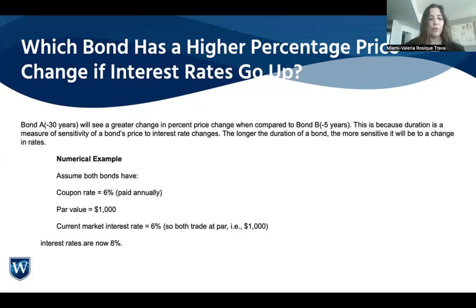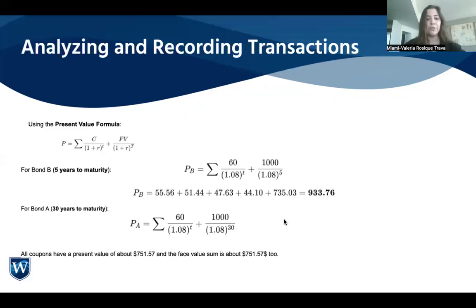Using the present value formula that I previously showed, we're going to see that for bond B, with 5 years maturity, we get 933.76.